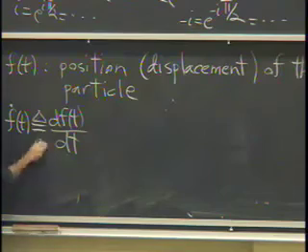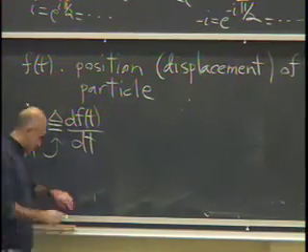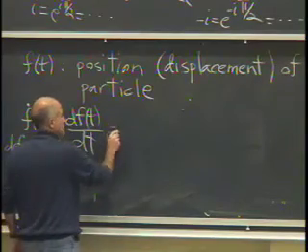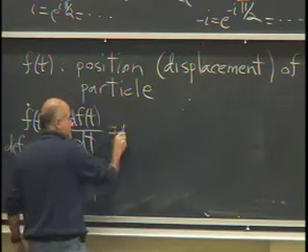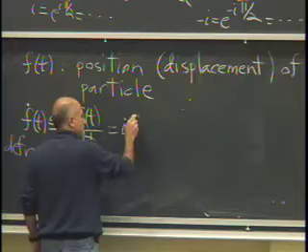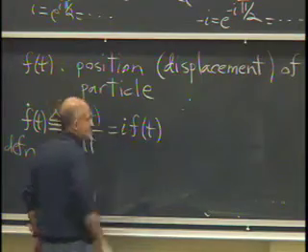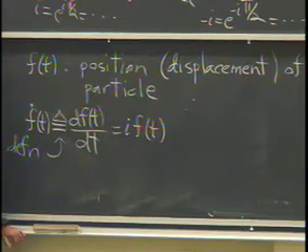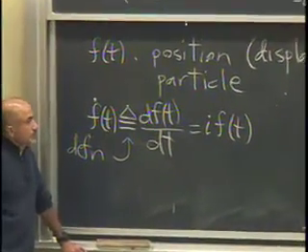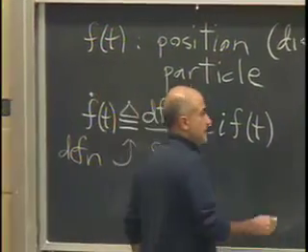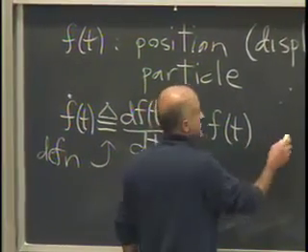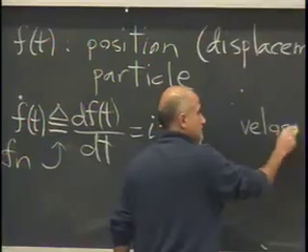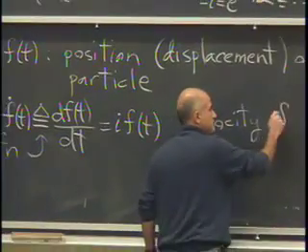This means it's defined as definition. Is, we've discovered, i times f of t. Okay? In other words, this is the velocity of the particle.